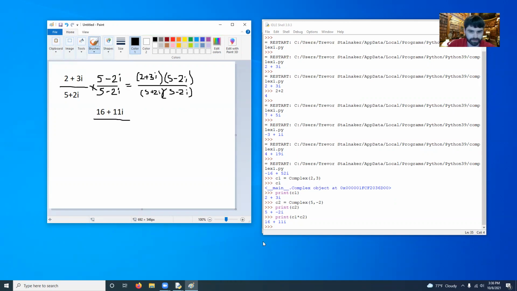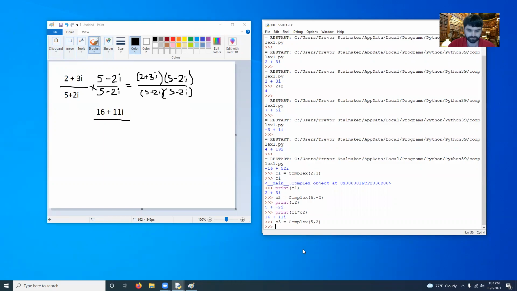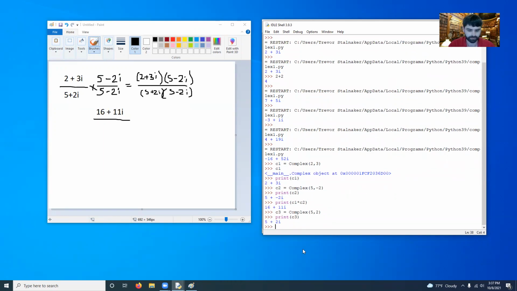And what's this bottom part? We need C3 equal to 5 plus 2i. So now we're going to multiply C2 and C3.